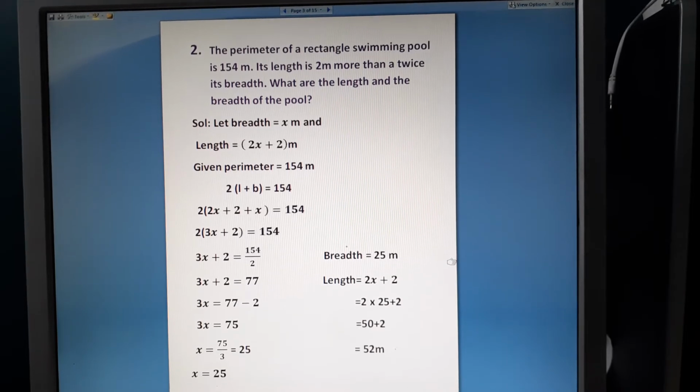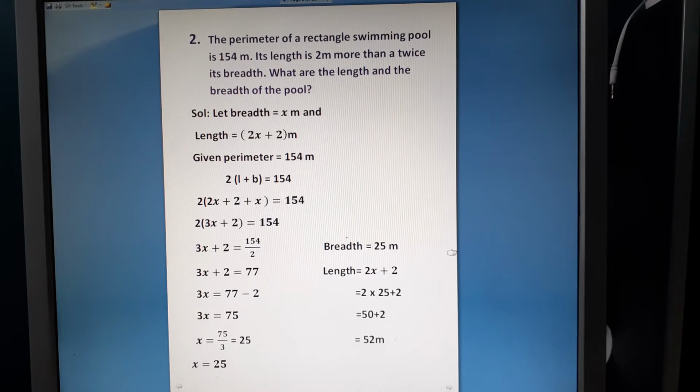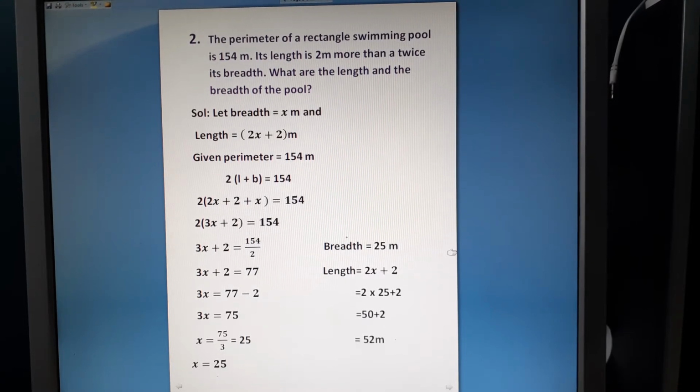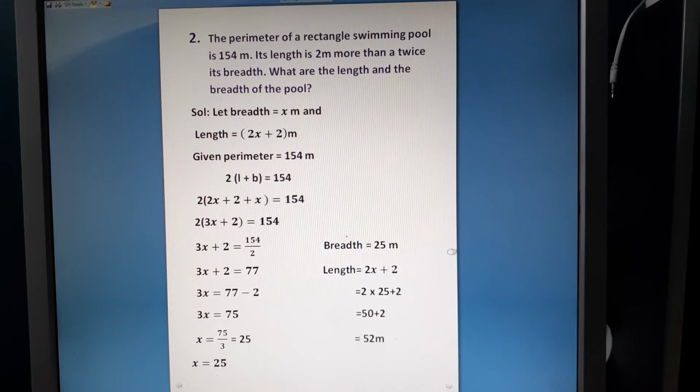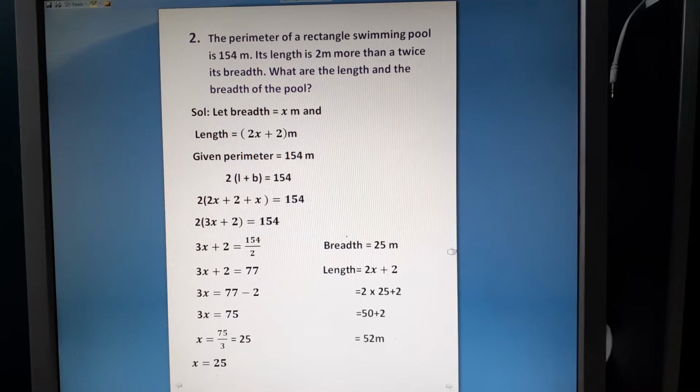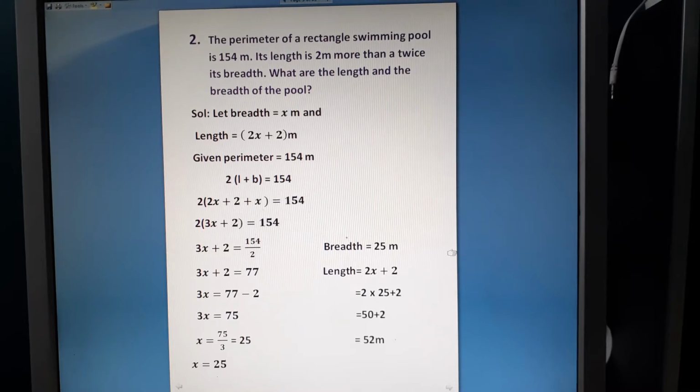Solution. Let the breadth be x meter and the length be 2x plus 2 meter. That is, the length is 2 meter more than twice its breadth.